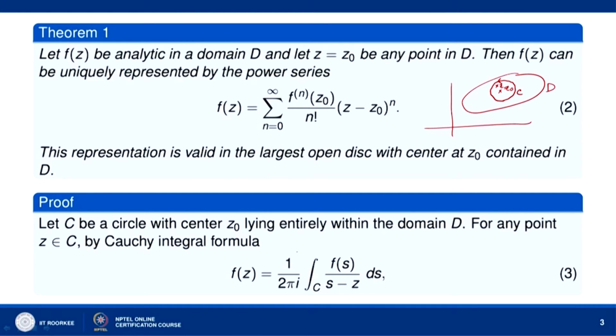The value of the function f at any point interior to the circle C can be found by the Cauchy integral formula, and it is given by f(z) equal to 1 over 2 pi i integral over C f(s) over s minus z ds.